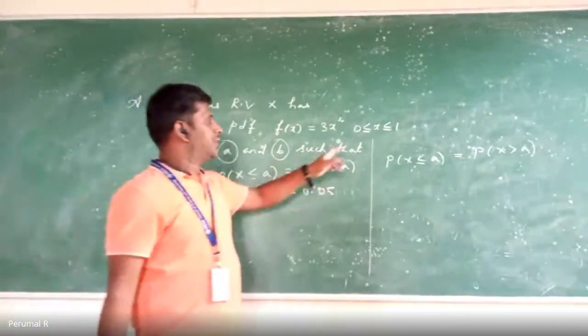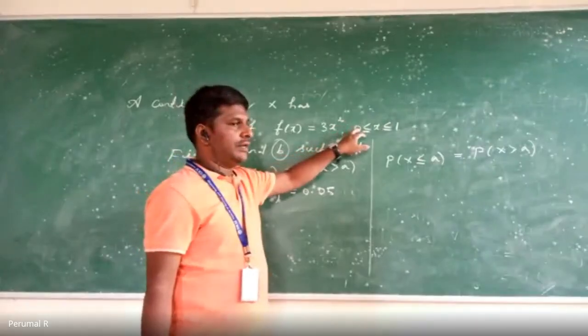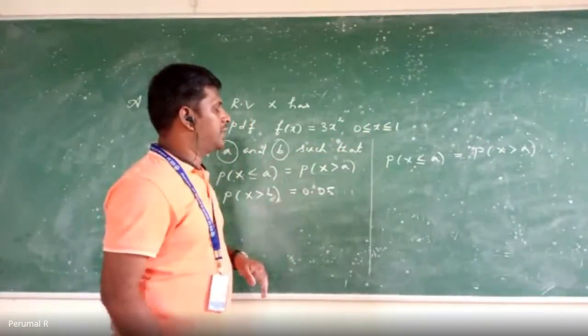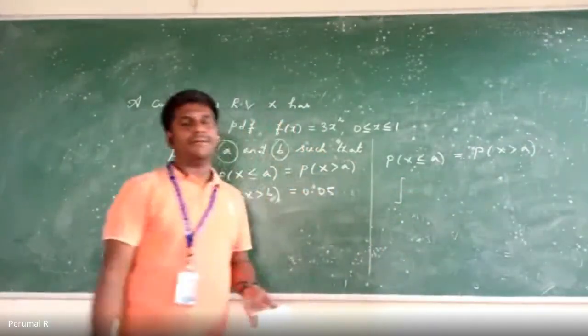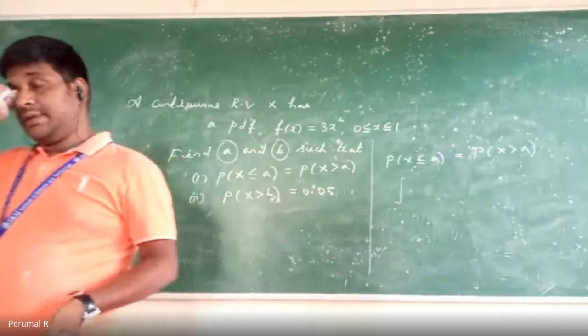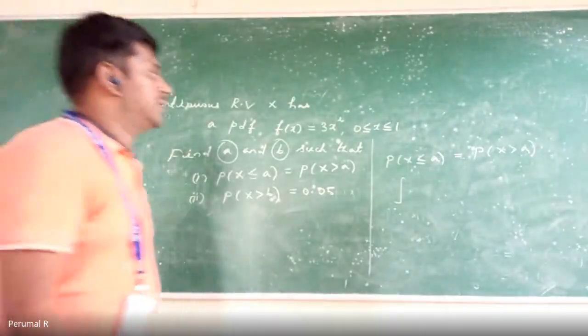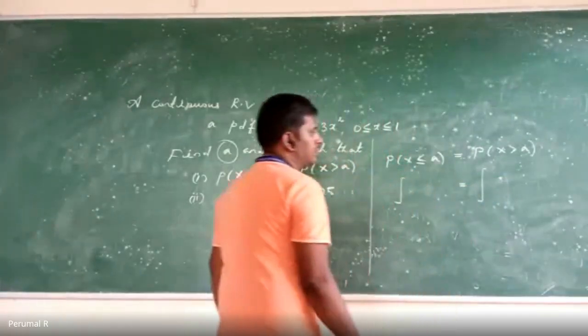So your function is defined as f of x equal to 3x squared in the interval 0 to 1. Okay. So how to write that one? Probability of x less than or equal to a, how to write that one? Here also, x greater than a.